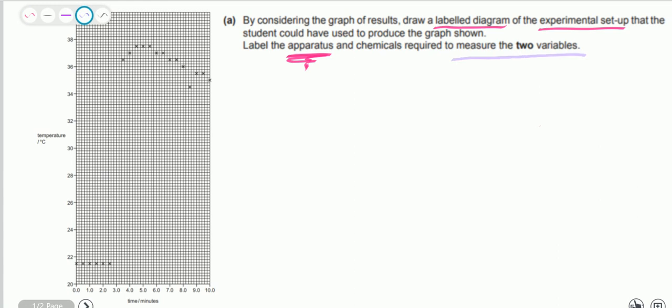two variables. So we need to first figure out which two variables this question is talking about. The graphs that we have in paper 5 are between two variables, right? One is the independent variable, which is on the x-axis.